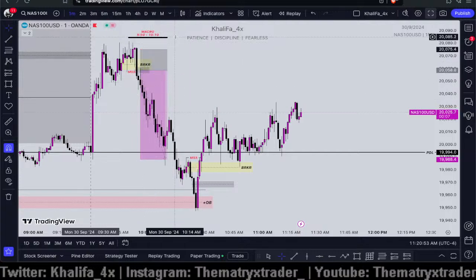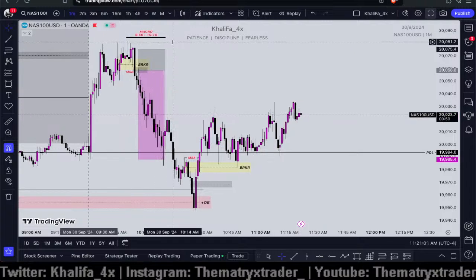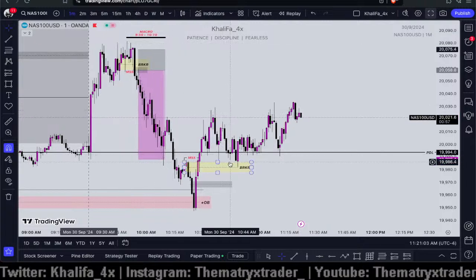So within the macro's window, the macro is something which delivers the price. That's all it is. It has nothing to do with marking out breaker blocks or order blocks, nothing like that. It just marks out the time window for the macro. That's all it is.